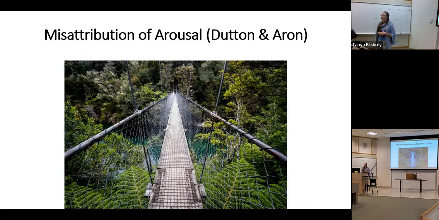But men were more likely to find the confederate attractive and to sign up to participate in the study if they were approached after they had come off one of these suspension bridges. So they were feeling kind of excited, and then they meet a young woman, and compared to men who were not coming off such a bridge, in a stable, boring environment, they thought the woman was more attractive.